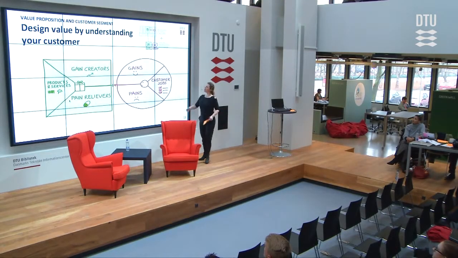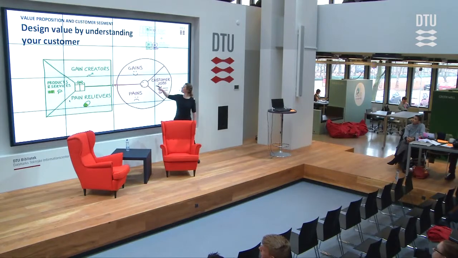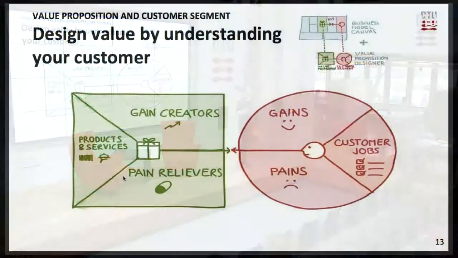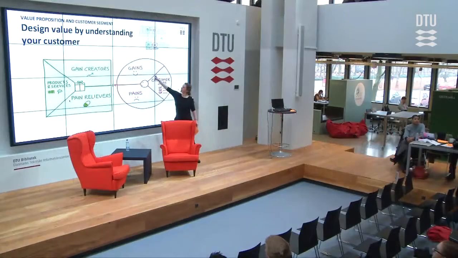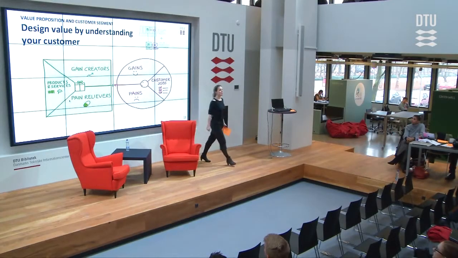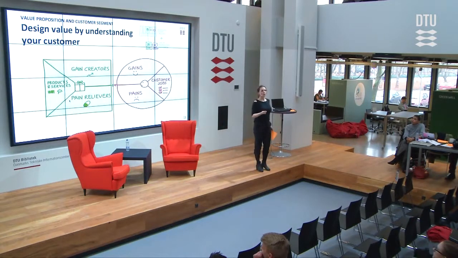This is about really understanding, giving a lot of thought to the customer. Who are they? What are the jobs that they would like to do? What do they need to perform in order to be successful, and how can you as a supplier support them? What are their gains and what are their pains? What is important for these customers, and really try to get an understanding of them.